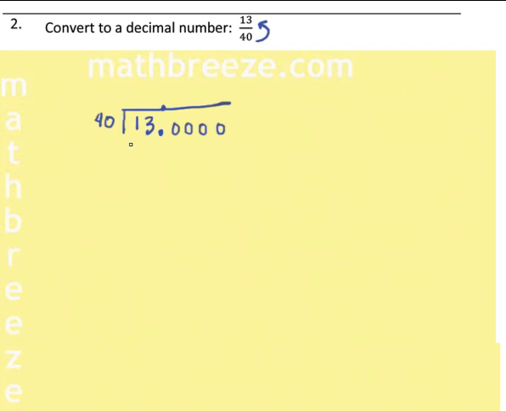All right, now let's start our division. 40 into 130, that goes 3 times. We have 120. All right, we'll bring down that first 0. And 40 into 100 is 2 times. Okay, let's bring down another 0.